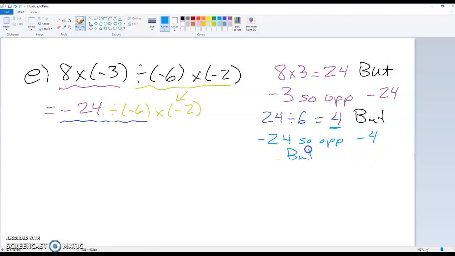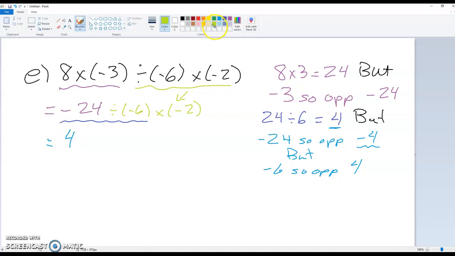But we also have a negative 6, so the opposite now of negative 4 will be a positive 4. So we have the two negatives, so it flips from a positive to a negative and then back to a positive. So this gives us an answer of 4.